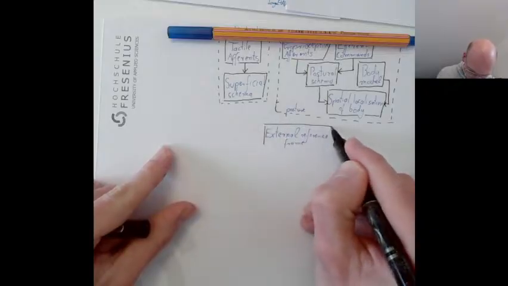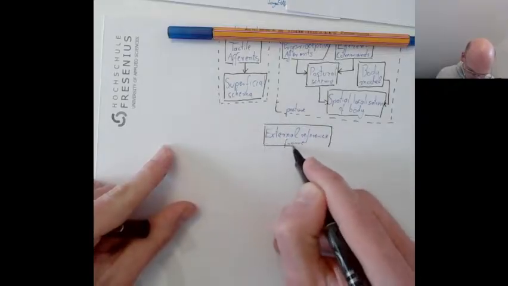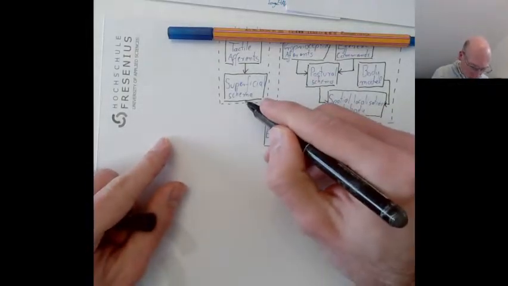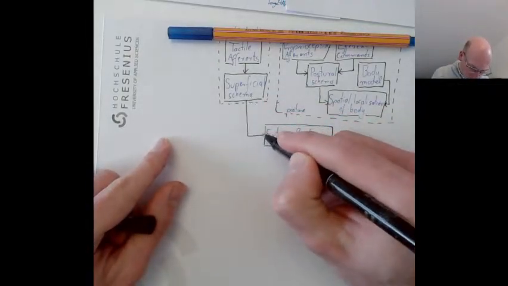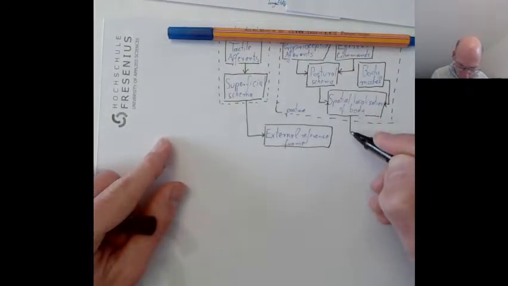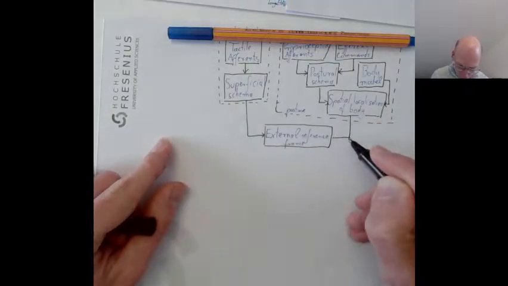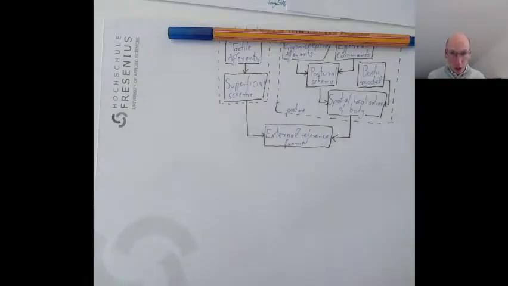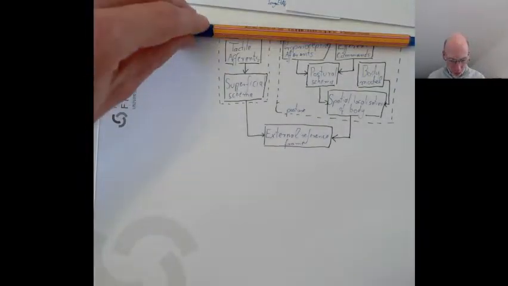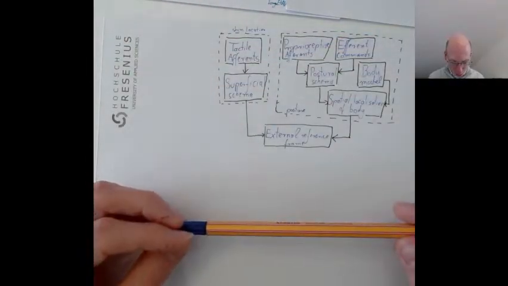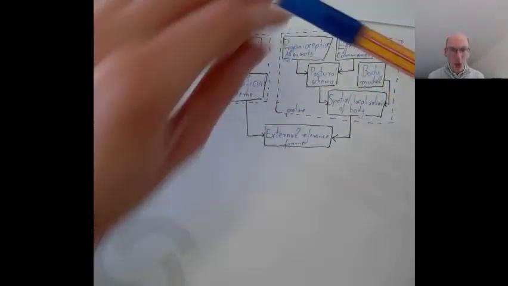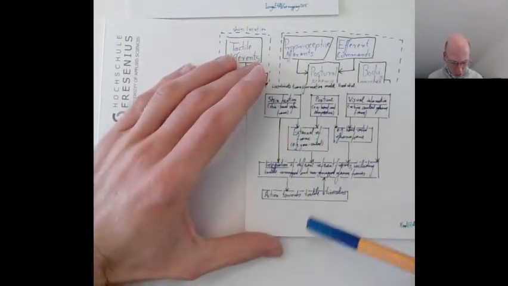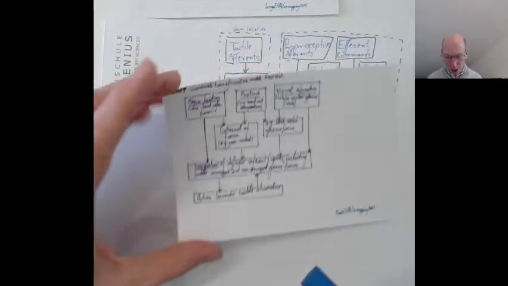Okay. External reference frame, and I got an input from the superficial schema and from the spatial localization of body. Great. So that is this part here. And then, oh yeah, we need the visual information.